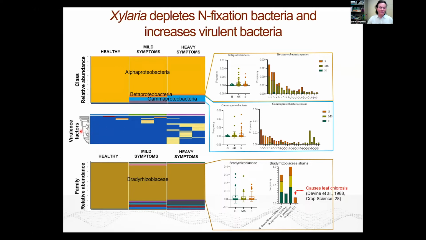So looking at just the virulence factors, those strains that are able to cause disease in plants, you see there's almost no virulence factors in healthy, but look at the heavy symptoms plants, how heavily colonized they are by these pathogenic bacterial families, meaning that basically Xyleria infection sort of opens the gates for all these other strains of pathogens to come and infect the plant.